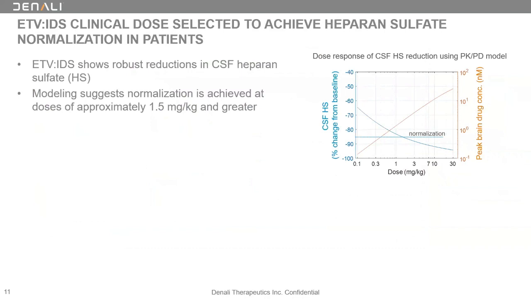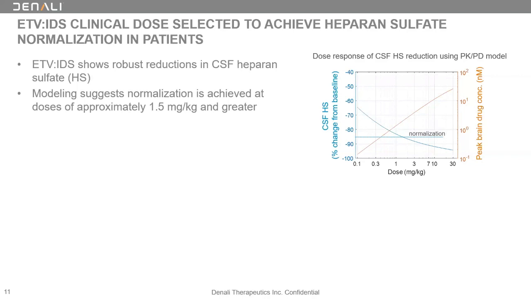We wanted to use this model to then subsequently pick the dose, if you may, that we have most confidence in to bring therapeutic benefit to patients. And what we have in the first figure there is dose on the x-axis. We are looking at heparin sulfate reductions in the primary y-axis, and the predictions of the brain drug concentrations on the secondary y-axis.